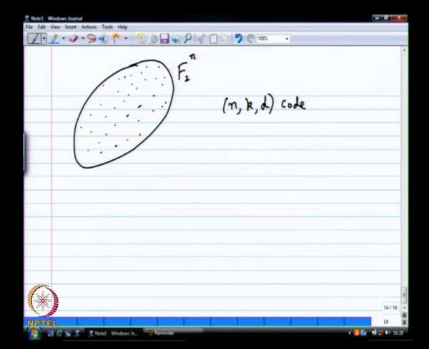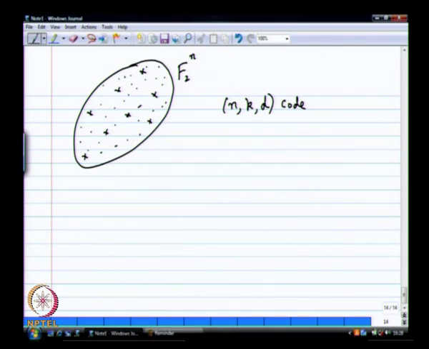How many codewords will there be? 2^k codewords. So maybe I put a star at each codeword. Maybe I should put one more star, to make it at least a valid 2^k.